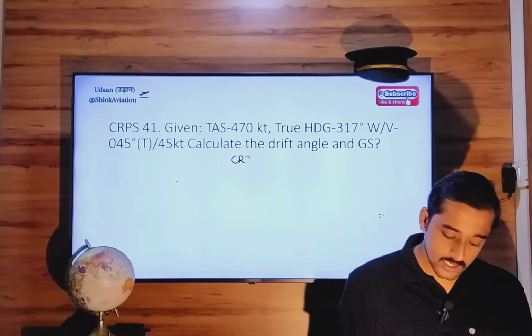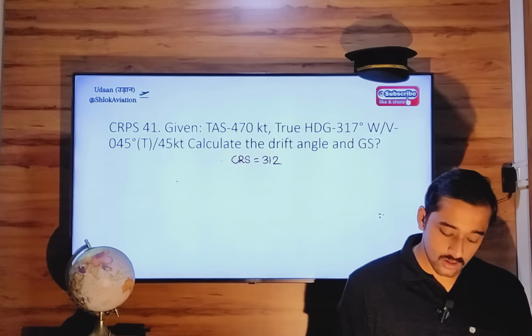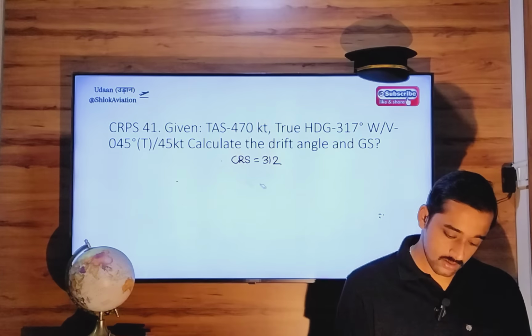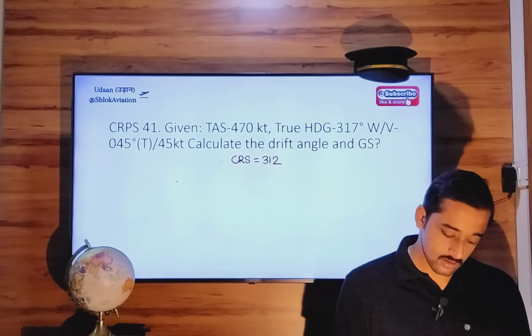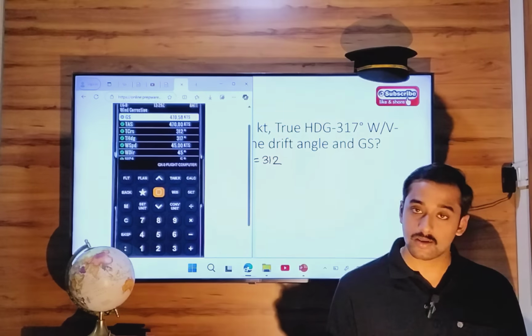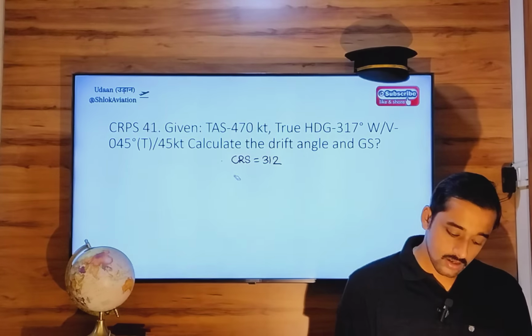So true course is 312, ground speed is 470.58.